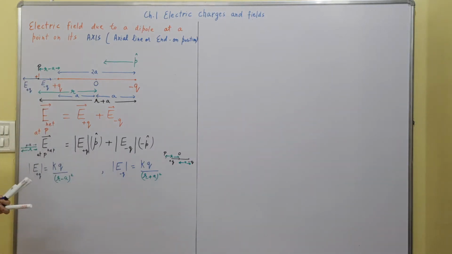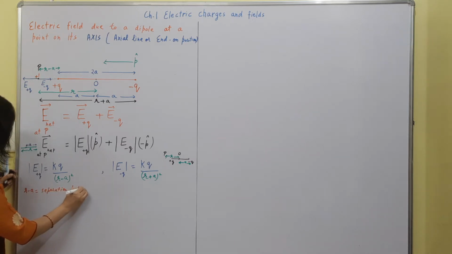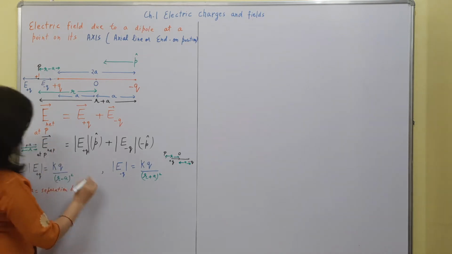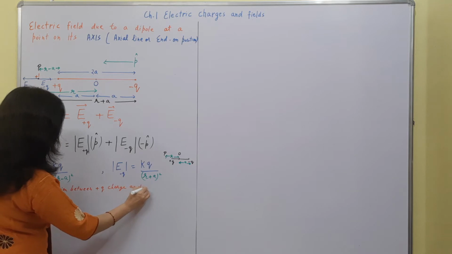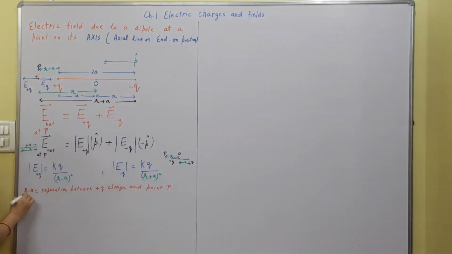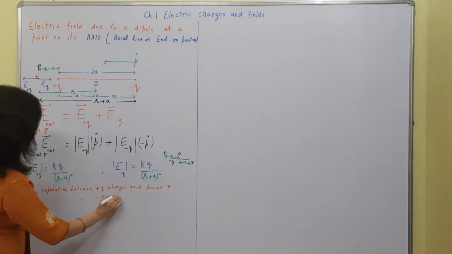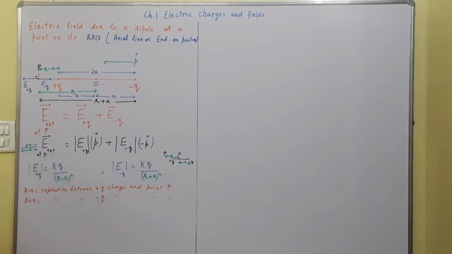I would like to mention this as a line also because sometimes the students get confused. So R minus A is the separation between plus Q charge and point P where electric field is calculated, and R plus A is the separation between minus Q charge and point P, which is clear from these small diagrams also, right?